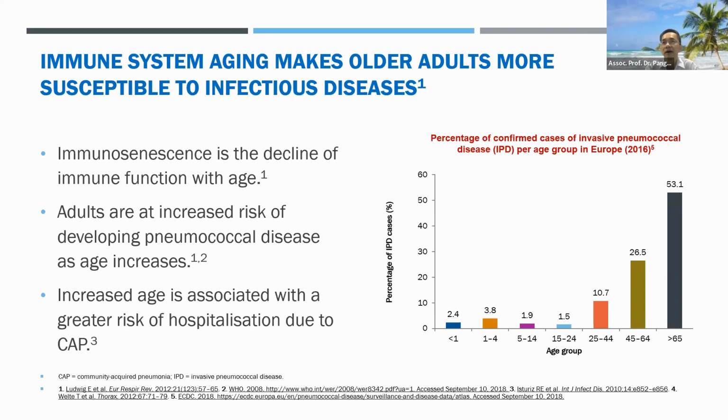And you can see the cutoff is actually not happening at 65, actually much younger. So our risk will substantially increase after the age of 40. And I think it's quite significant once we reach the age of 50.